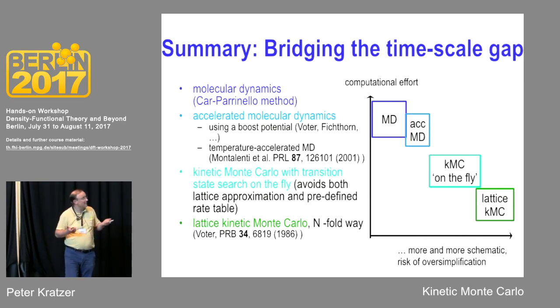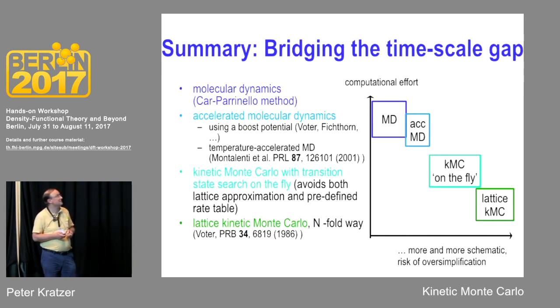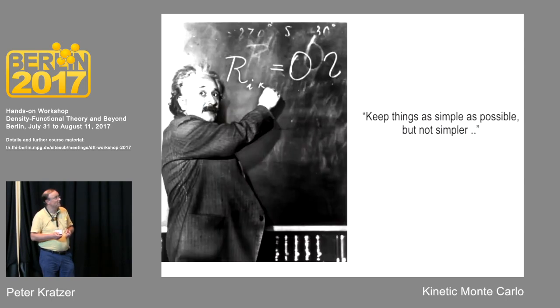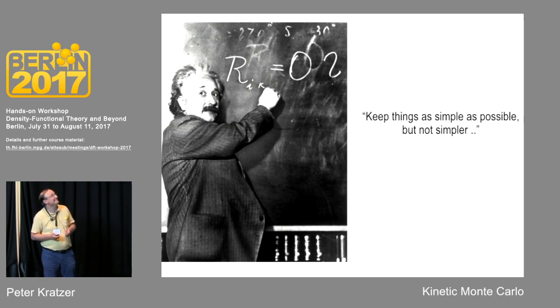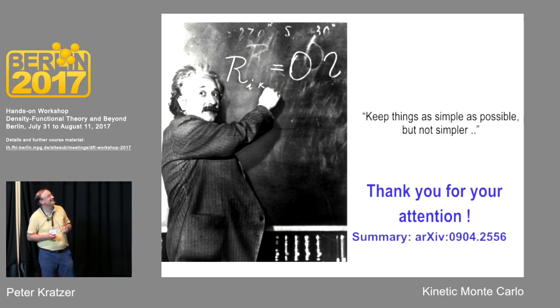But still, for many cases, like what we saw for gallium arsenide, such a lattice KMC with the n-fold way is a very attractive method and can give you important insights. So I would say you should keep things as simple as possible, but not more simple. And this is a quotation by Albert Einstein.